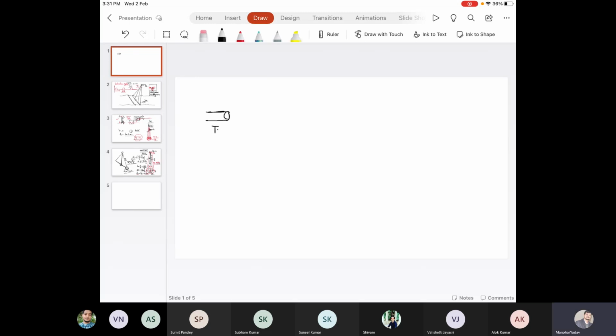This is the transmitter, and it generates a laser beam. We are discussing the pulsed laser system. It means a periodic laser pulse is generated and it is continuously fired by the laser source.